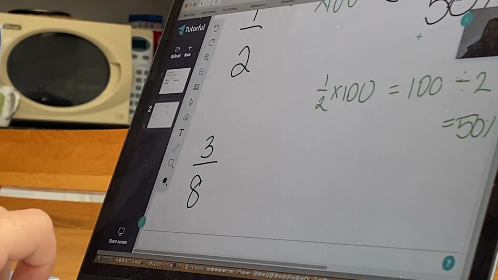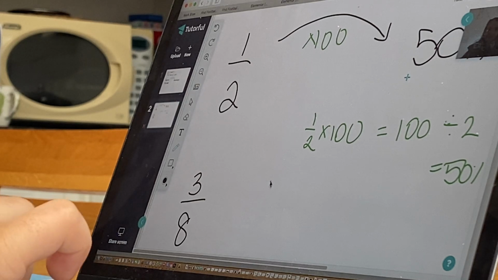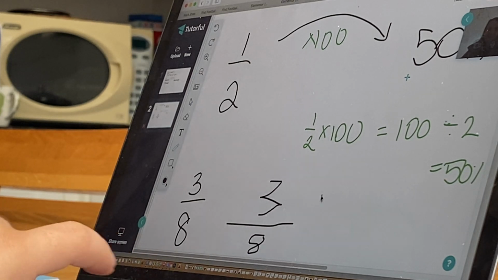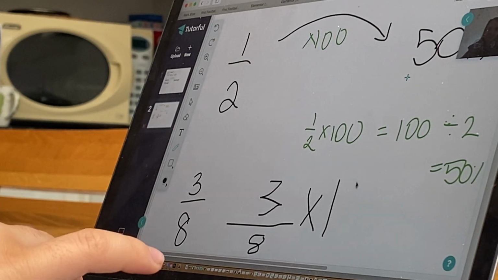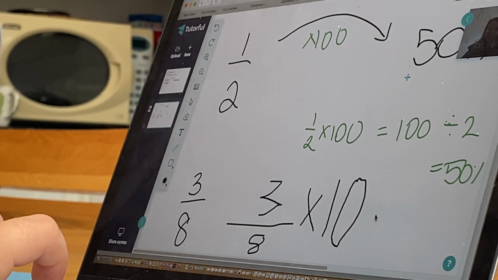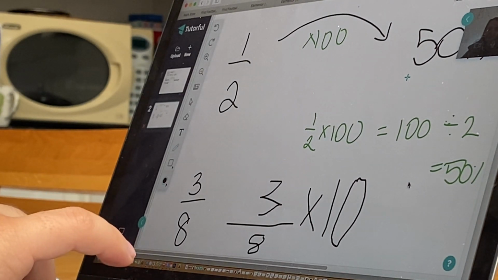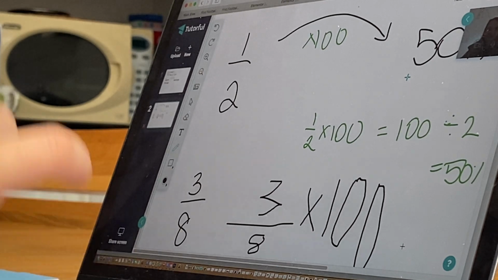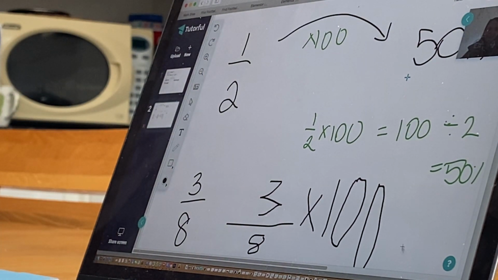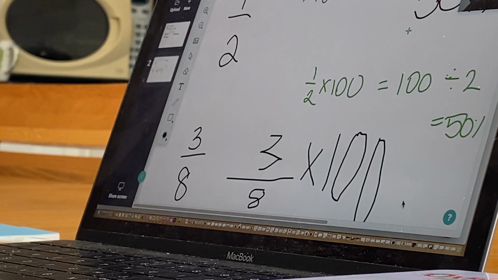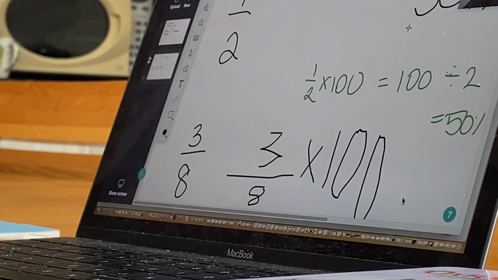So we're going to multiply it by 100. And then 100 divided by 8 equals 12.5.